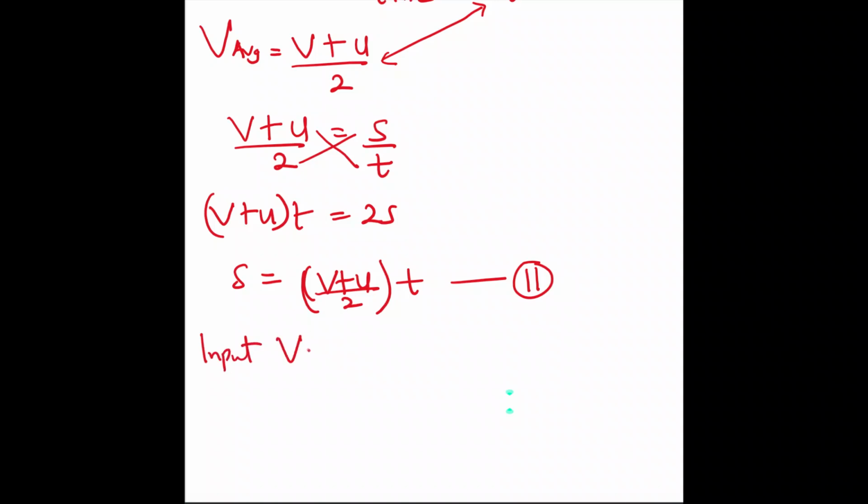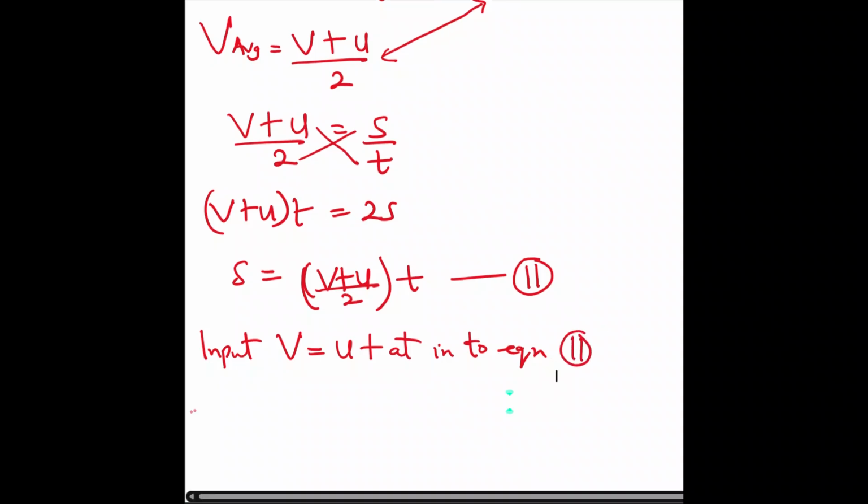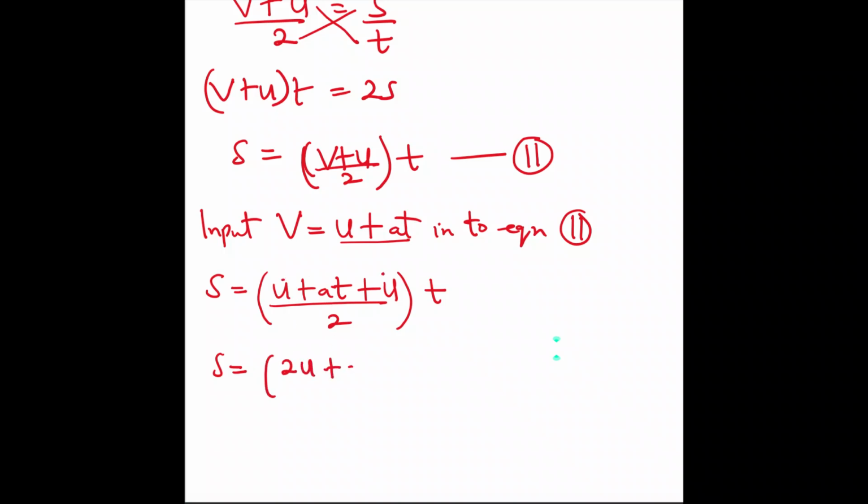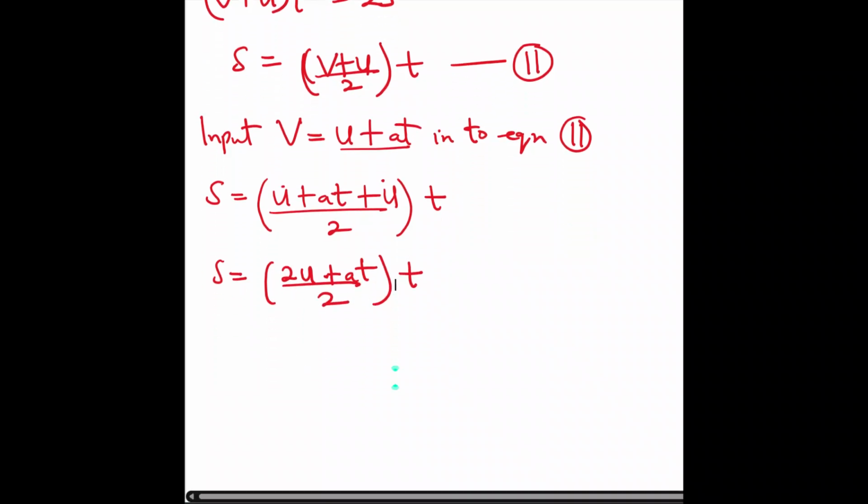So we are going to write it as S equals U plus AT, plus U, over 2, times T. So we can add it up. U plus U will give us 2U plus AT over 2 times T.